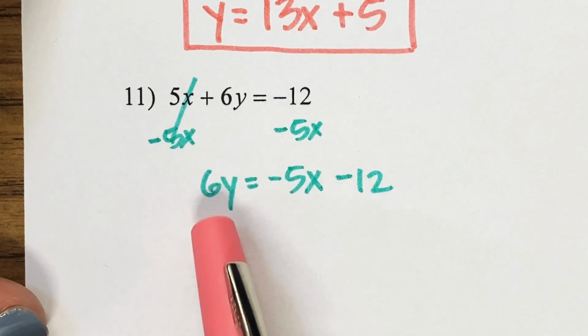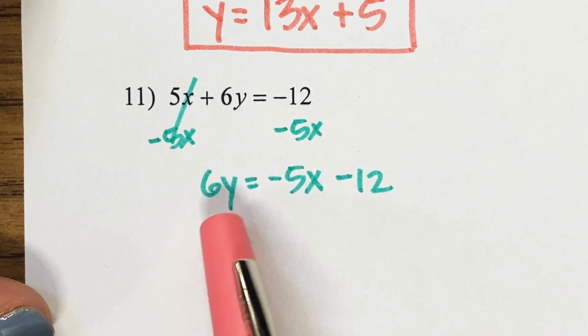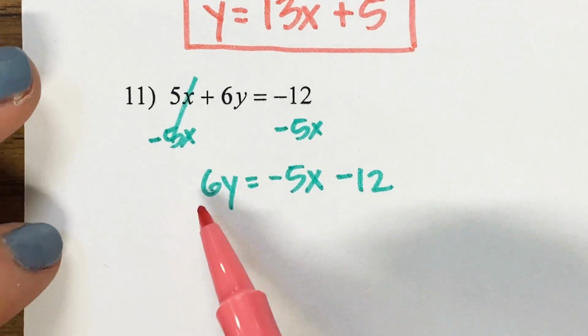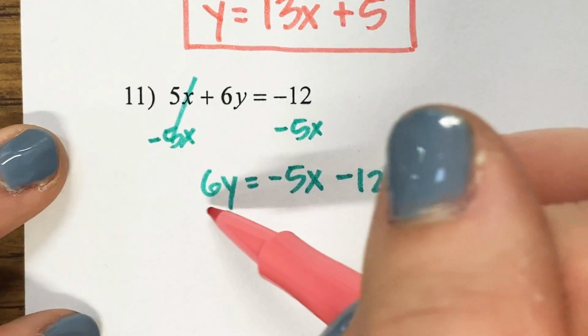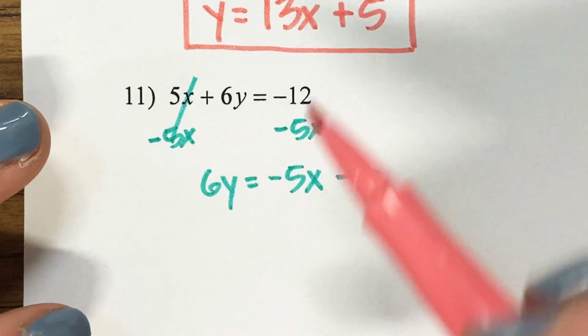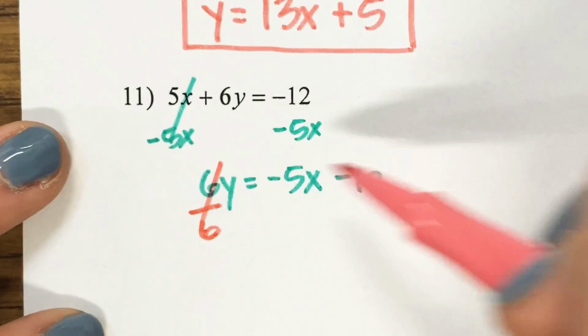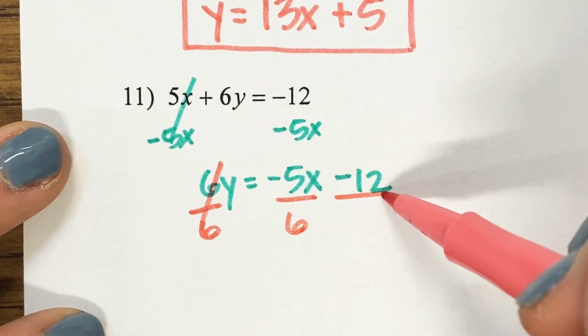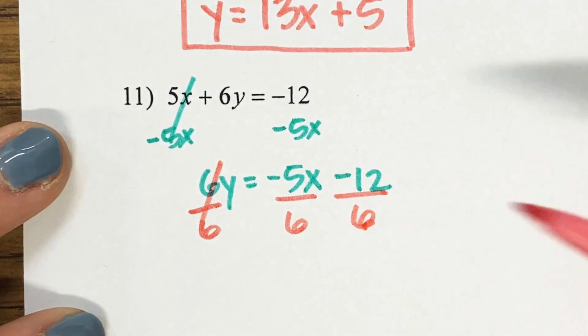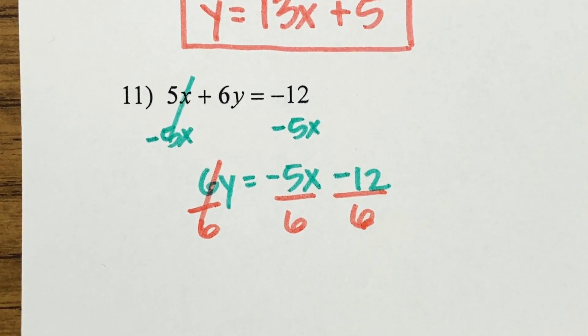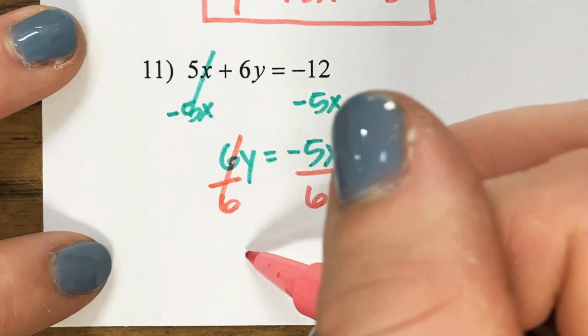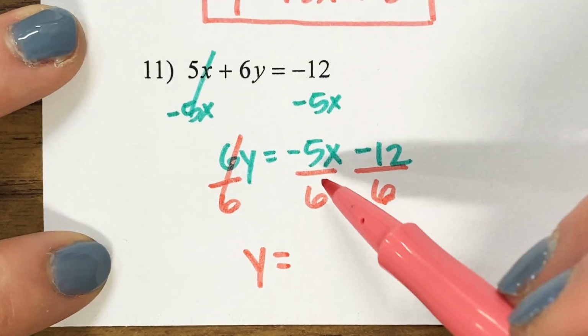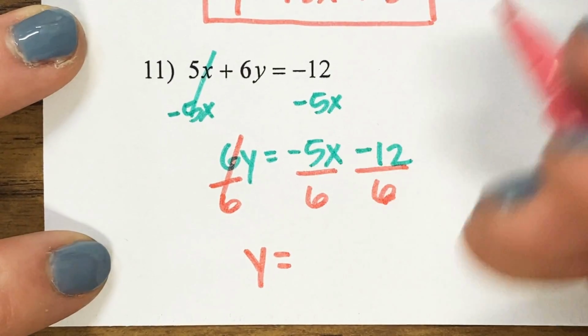Okay, so is my y all by itself? No, it's not. It still has this times by 6 attached. So we need to do the opposite of times by 6, which is divide by 6. And everything needs to be divided by 6. Okay, so I'm left with y equals, we cannot reduce negative 5 over 6, so guess what?